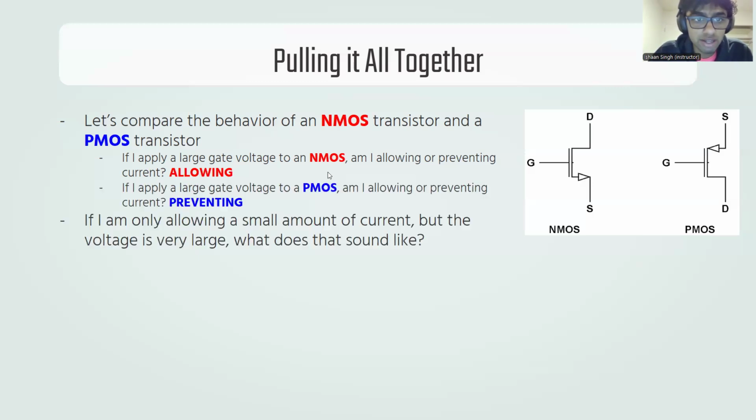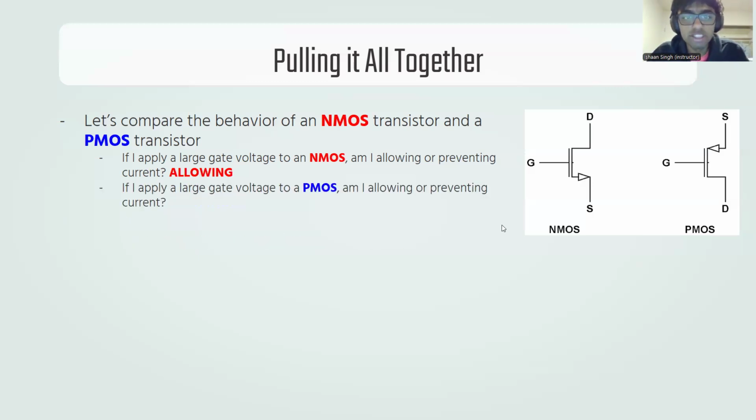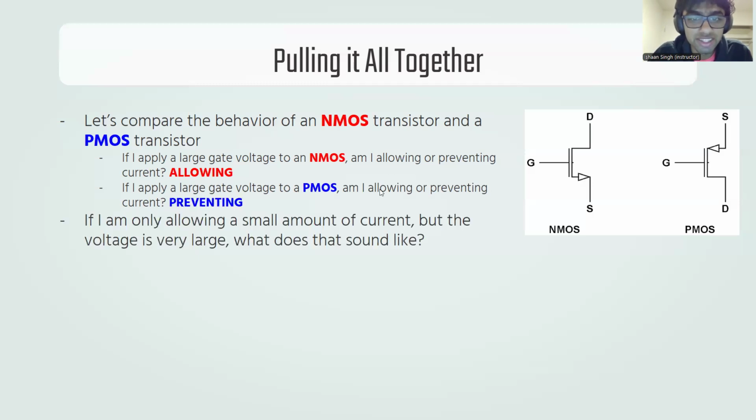If I apply a large gate voltage to a PMOS, am I allowing or preventing current? I flashed the answer, but do we all understand why this is true? Does anyone not understand why this is true?